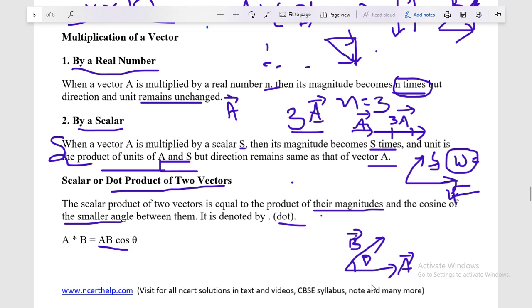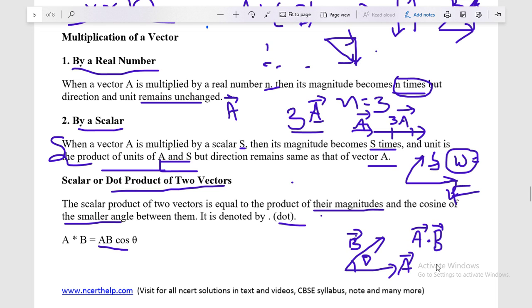So the scalar product of these two vectors A and B is given by A dot B. This dot is also read as scalar. So you can read this as A dot B or A scalar product B.